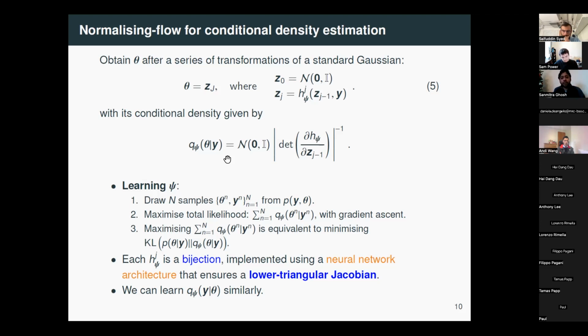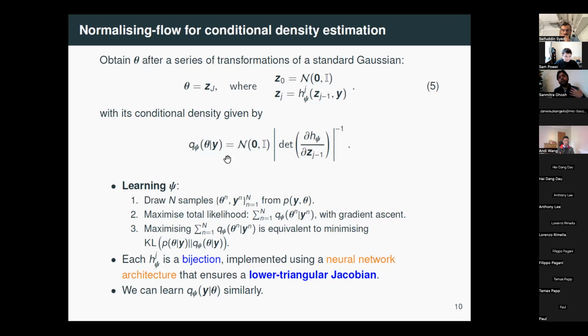There was some recent work which finds an equivalence between likelihood maximization for this type of model and the Kullback-Leibler divergence of the approximation. I won't go much into that, but you can check out this type of work.